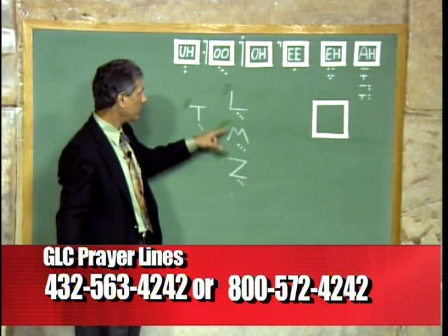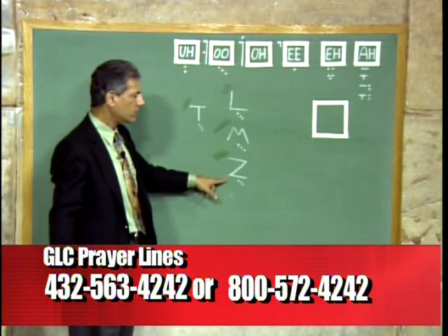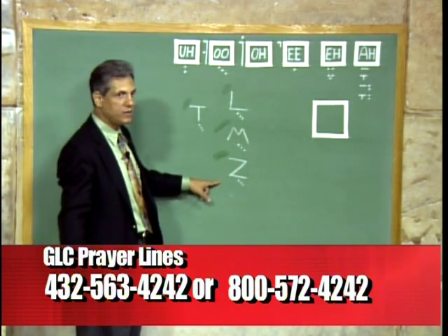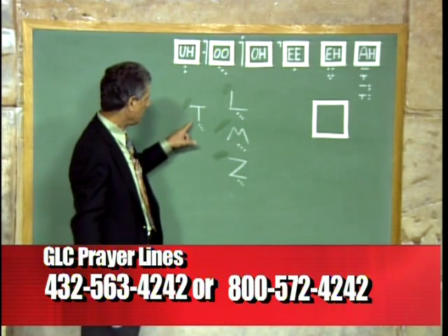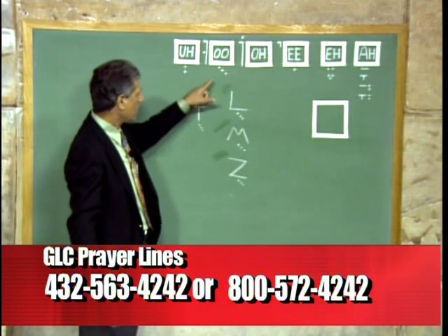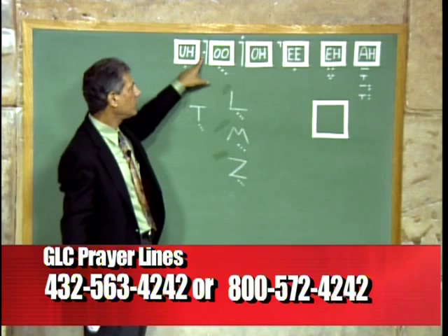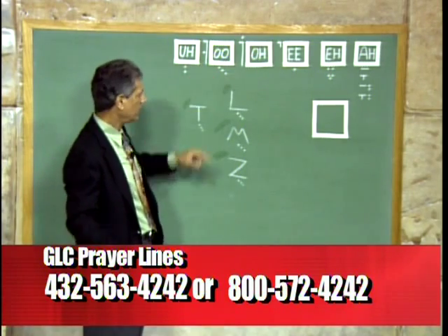Under the M will give me Mu. And under the Z will give me Zu. Under the T, it will give me Tu. That and the Vav with the dot in the middle will give me the U sound.